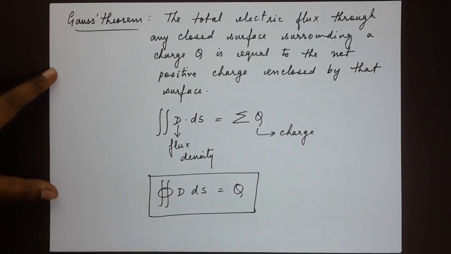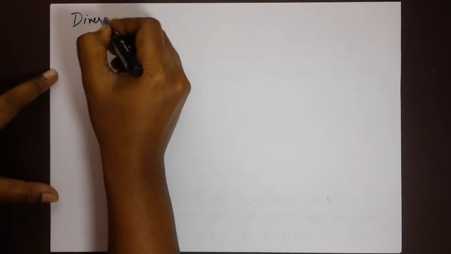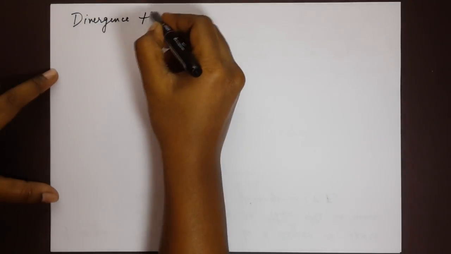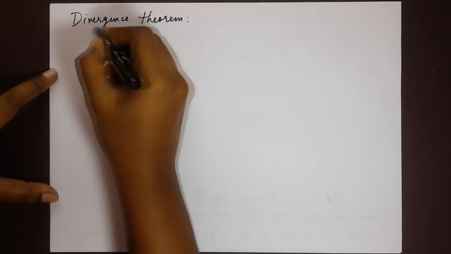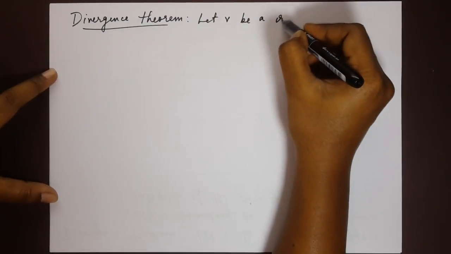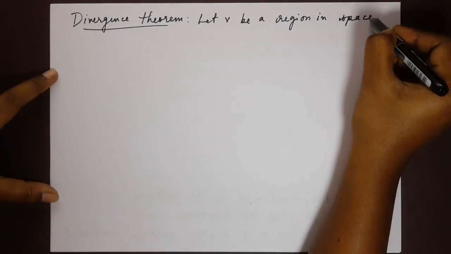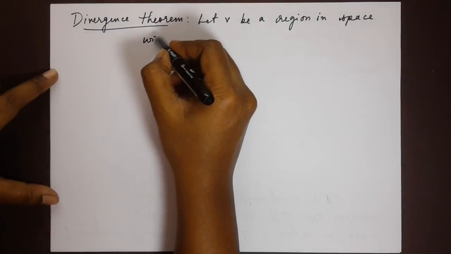So, the next thing we have, the next theorem is divergence theorem. Let's write down the statement for the divergence theorem. Divergence theorem. Okay, so the statement is, let V be a region in space with a certain boundary.